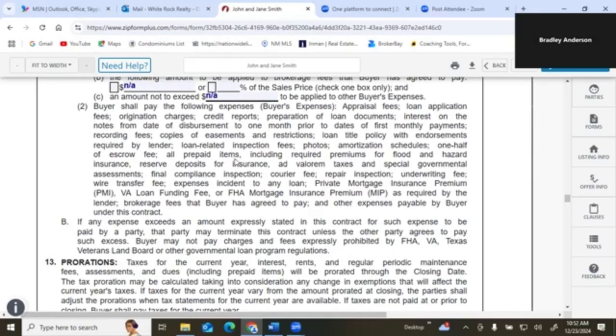Well, then it comes down to say, other broker fees. Okay. Brokerage fees that buyer has agreed to pay. And where would that be? In the buyer's rep agreement. Okay. So there is no more disclosure about the amount.